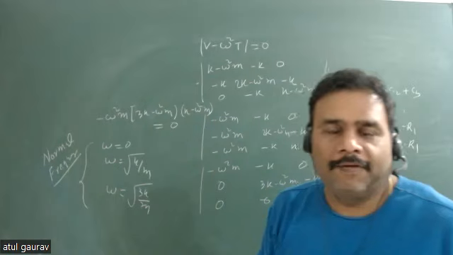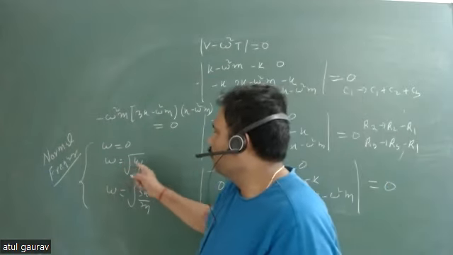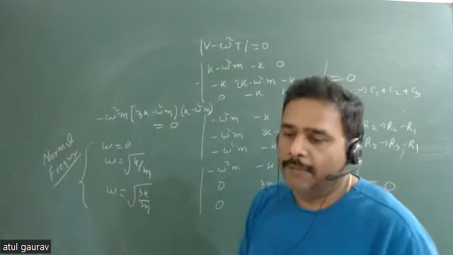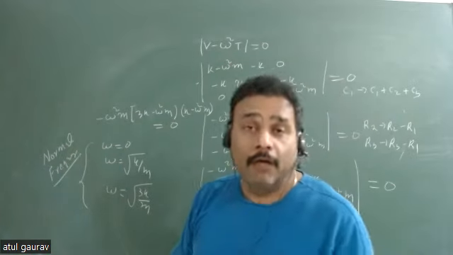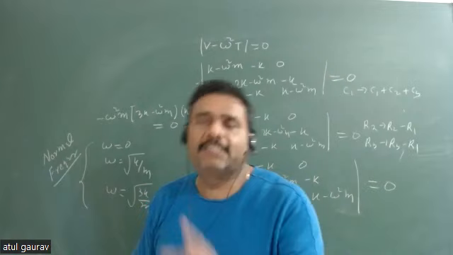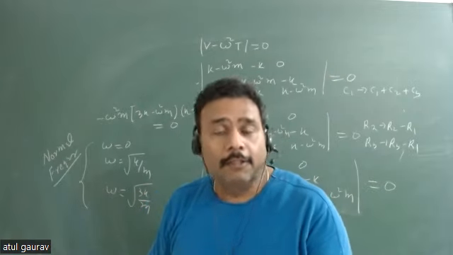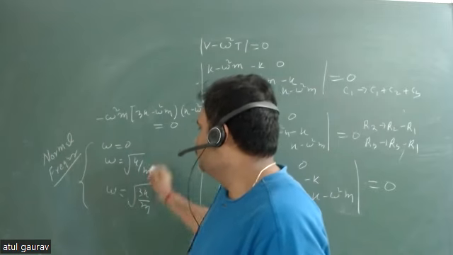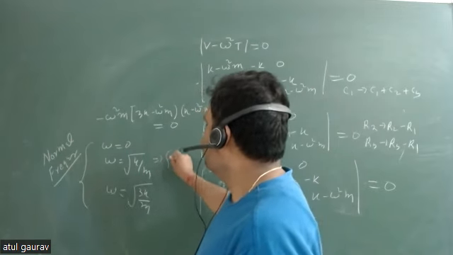So what is your fundamental frequency? Omega is equal to 0 or omega is equal to root k upon m? Root k upon m. Very good. So omega is equal to root k upon m because normal frequency must be non-zero positive value. So that value is root k upon m, and this will be my fundamental frequency.